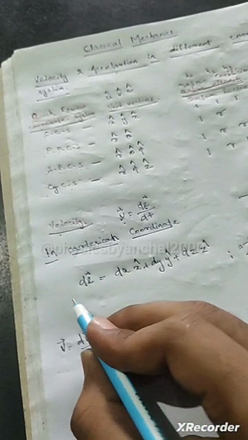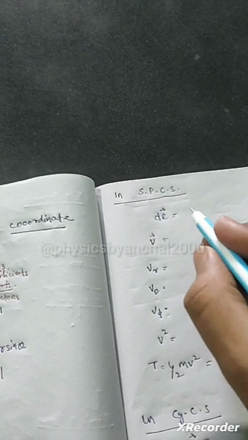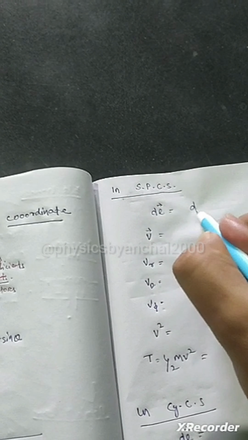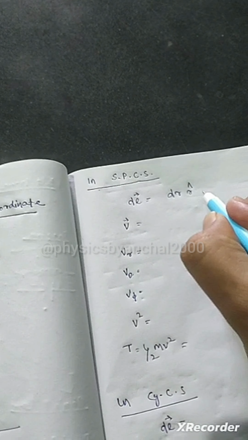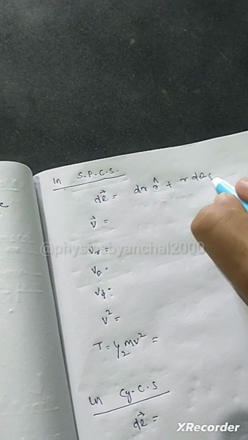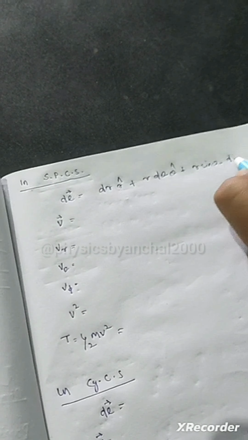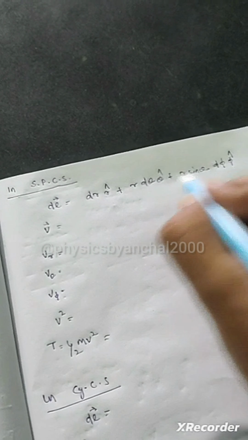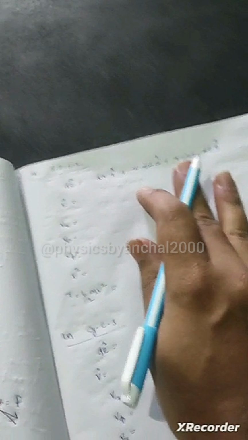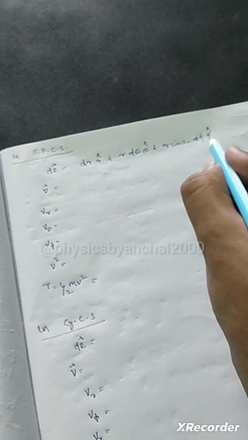But what about the length element in the spherical polar coordinate system? It will be dr r cap plus r d theta theta cap plus r sin theta d phi phi cap. You all know about it from mathematical physics. It is just multiplication by the metric coefficients.